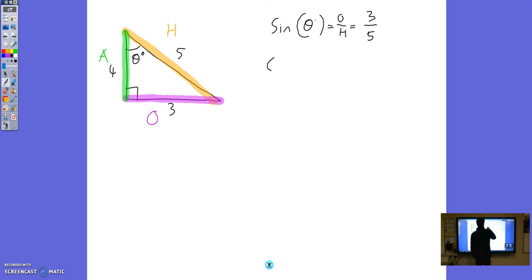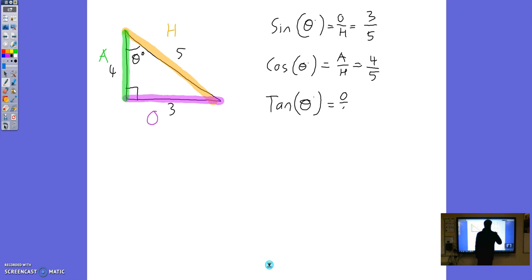For this triangle, cosine, or cos of theta, is equal to adjacent over hypotenuse, which in this case my adjacent value is 4, and my hypotenuse value is 5, with 4 over 5. Finally, we have tan of theta degrees, which is equal to opposite over adjacent.